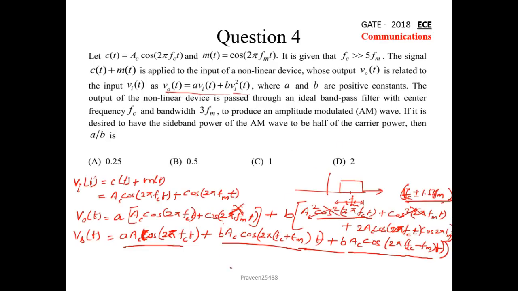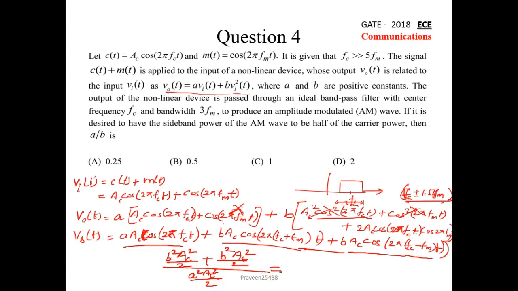While calculating the power, the sideband power is calculated as amplitude square divided by 2, so it would be b square AC square divided by 2 plus, for this upper sideband, and for lower sideband it would be b square AC square divided by 2. This term would be divided by the carrier power, so it would be a square AC square divided by 2.